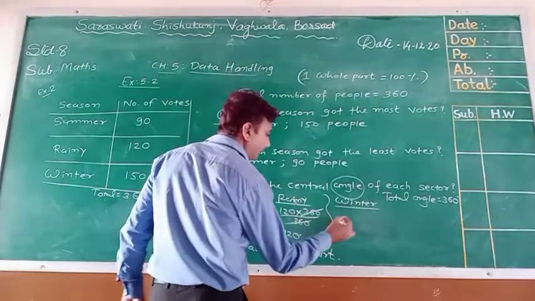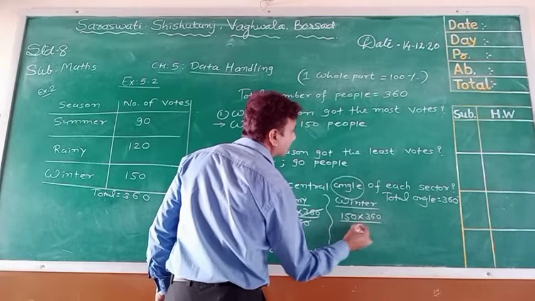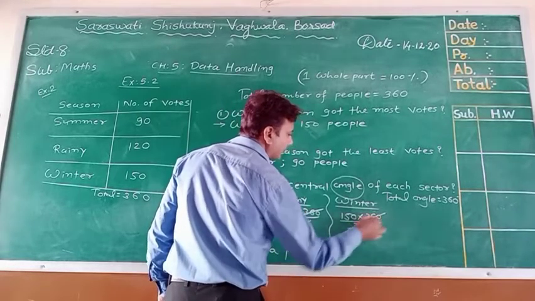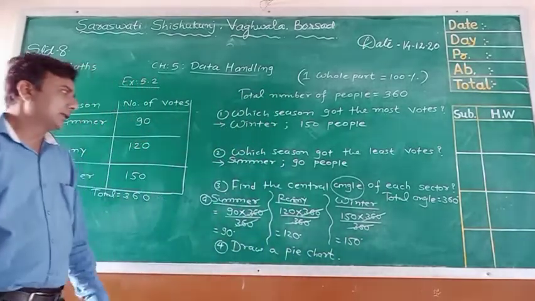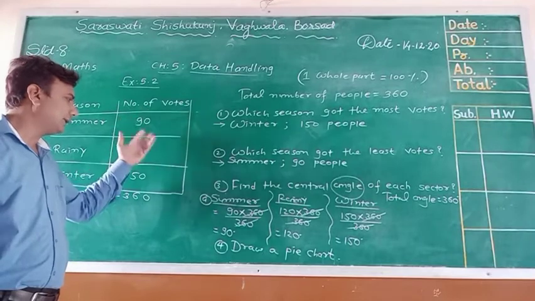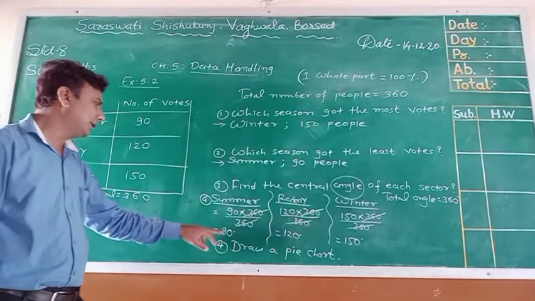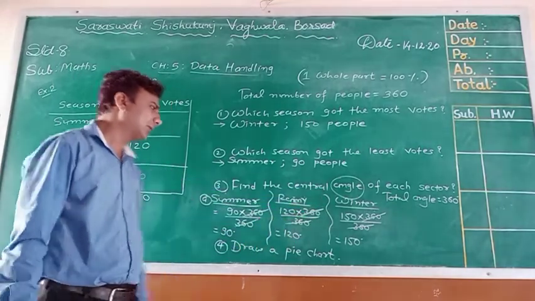Winter, 150 people, times 360 degrees upon 360 people, so 150 degrees. Clear? So if we convert the number of votes into degrees, we get summer 90 degrees, rainy season 120 degrees, and winter season 150 degrees.